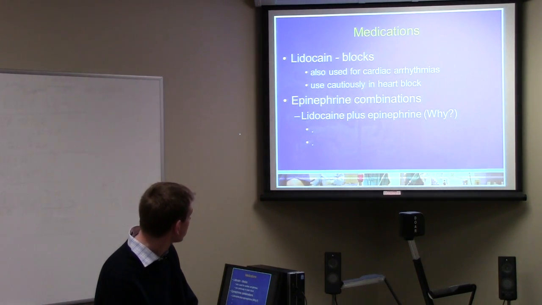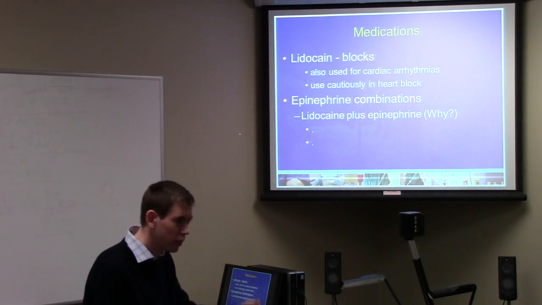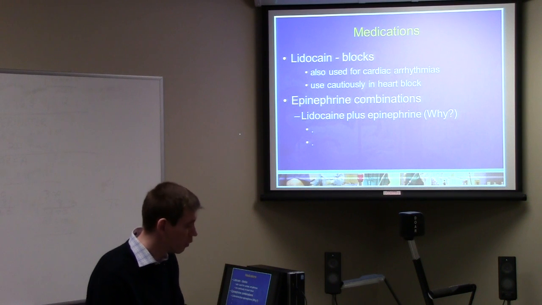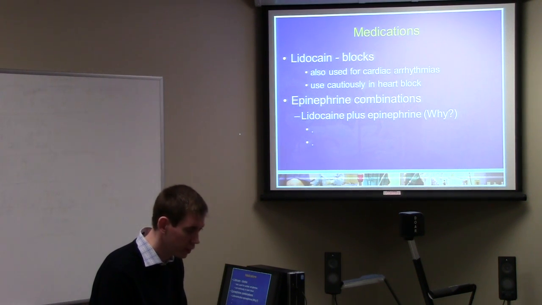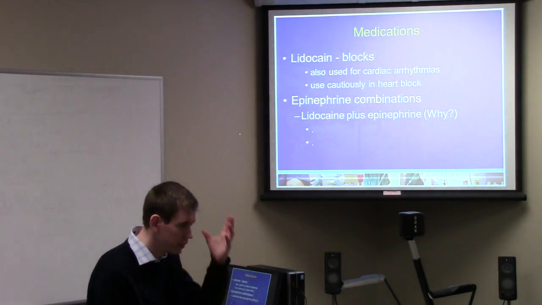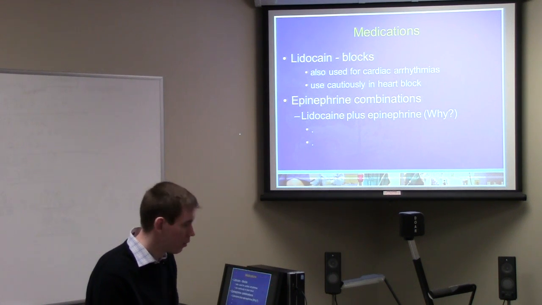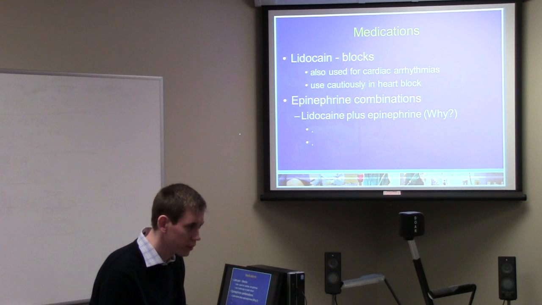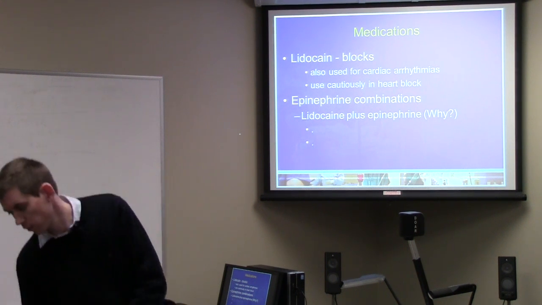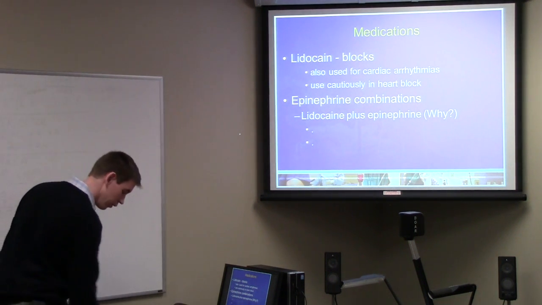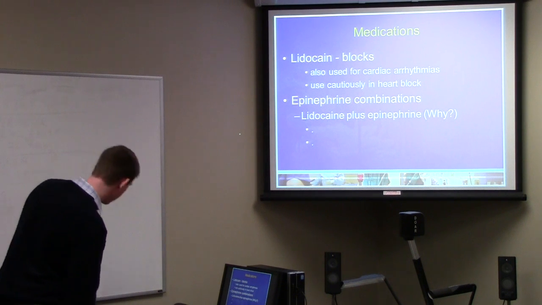With lidocaine blocks, as I mentioned before, we typically think of lidocaine as an anesthetic to numb an area, but lidocaine can also be used to treat something called PVCs. And this is important. You will see this again as well.